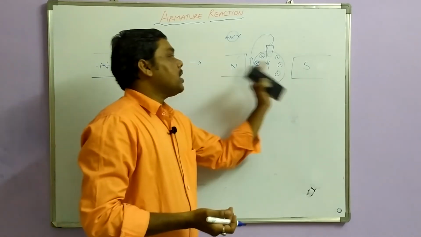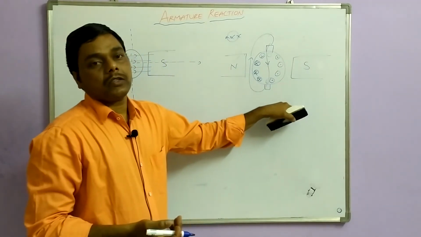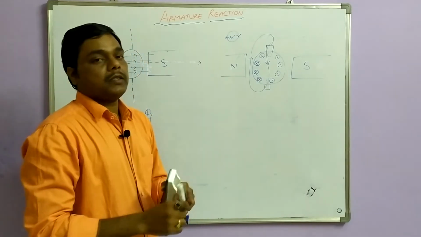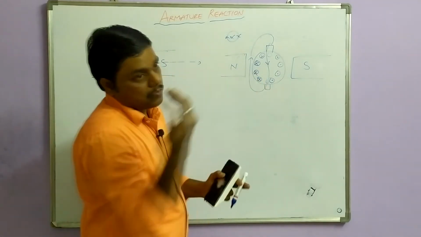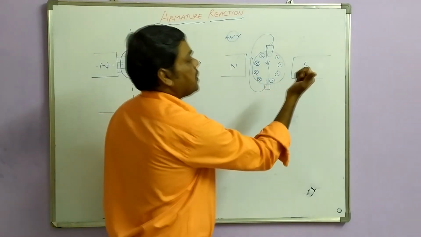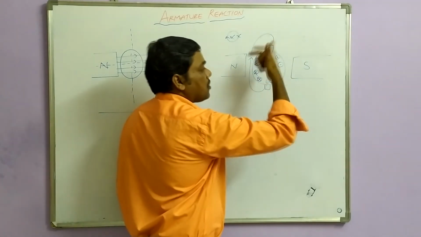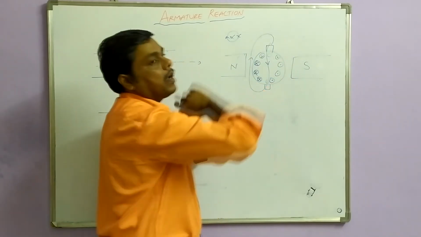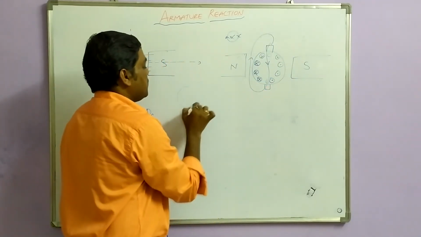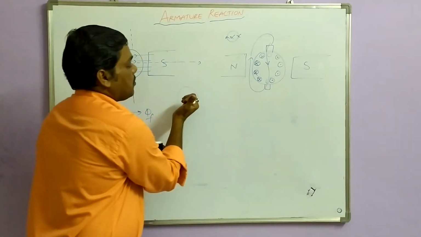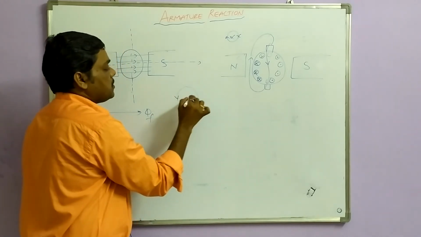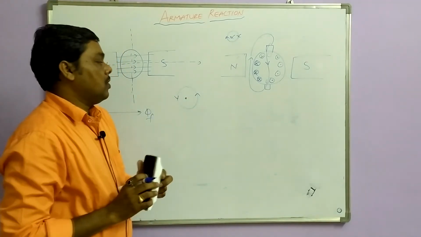Then what about the rightmost conductors, the dots? What is the magnetic field direction? The current is coming out of the plane, so you can place the thumb like this. Now, what is the direction of the curled fingers? It is rotating in the anti-clockwise direction. You can see here this is a dot, and the curled finger direction is like this.